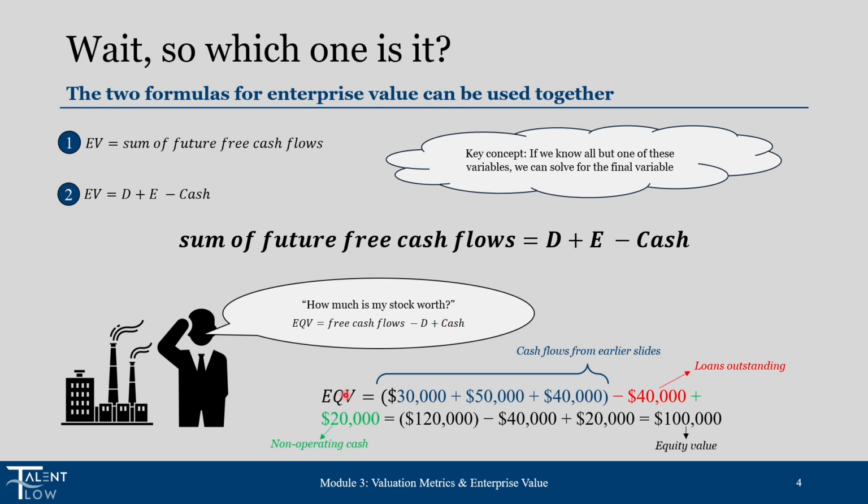In our example, we take the sum of future free cash flows by the company minus the amount of loans outstanding plus the amount of non-operating cash in order to get the equity value we hold. That is, we take $120,000 in expected free cash flows, subtract $40,000 in loans, add $20,000 in excess cash, and get our equity value or stock to be valued at $100,000.